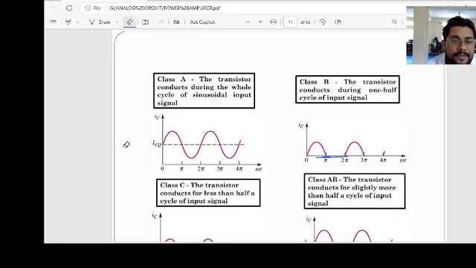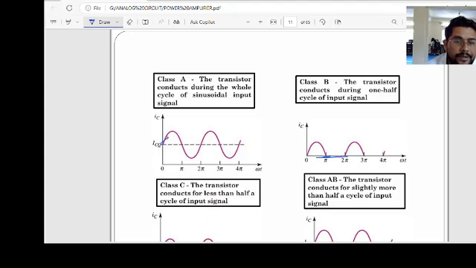In class A, the output conducts for the complete cycle, starting from here to here. Next, the class B amplifier conducts just from here to here, only half the cycle.